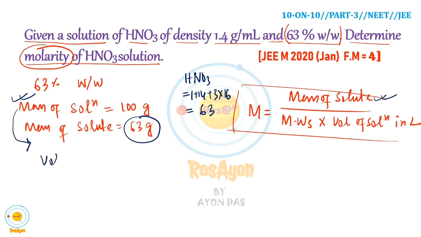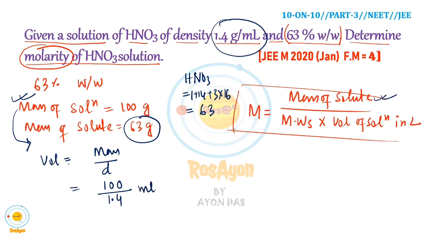Now you know the volume is equal to mass divided by density. Now the mass of the solution is 100 gram divided by density equal to 1.4 gram per ml. So put the value 1.4.